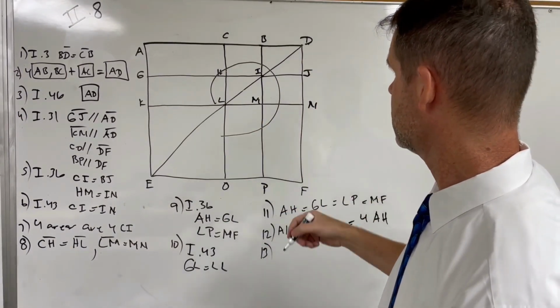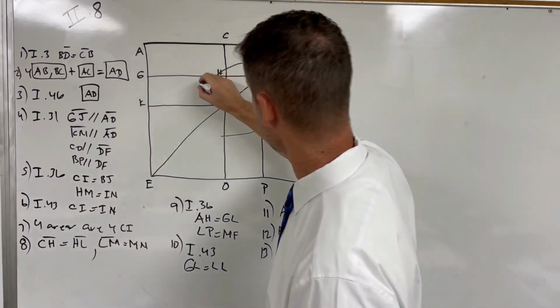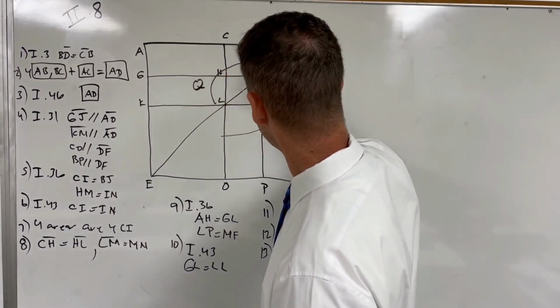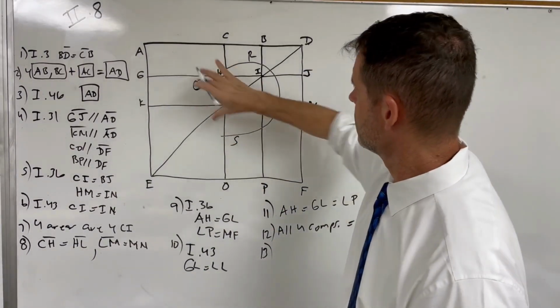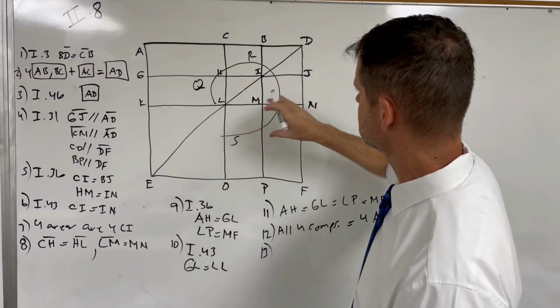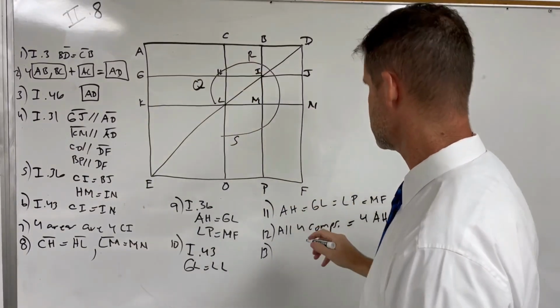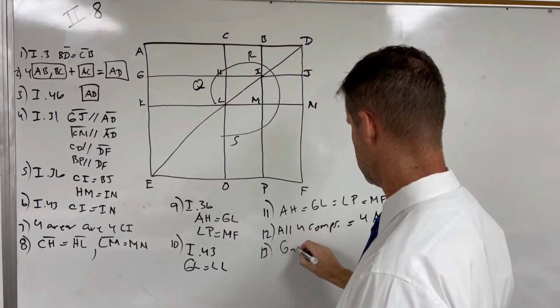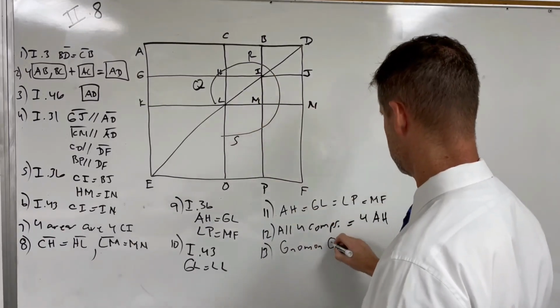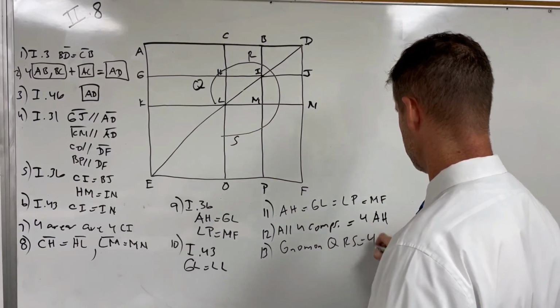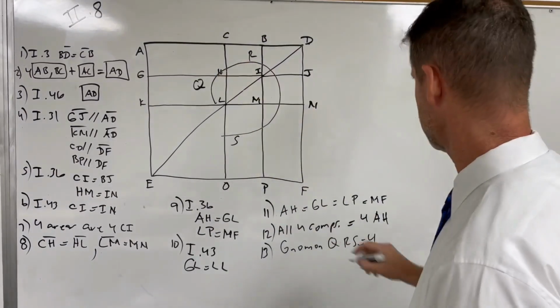Q, R, S. We'll call that gnomon QRS. It makes up all the complements that we talked about and the 4 areas. So the gnomon QRS equals 4 times the rectangle AI.